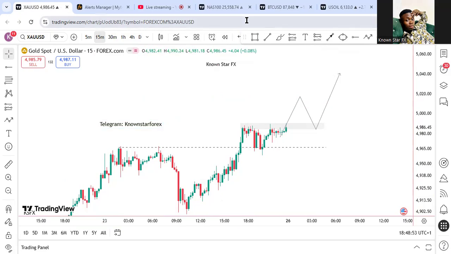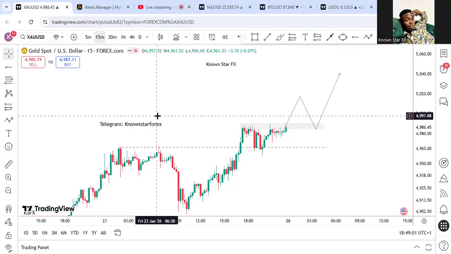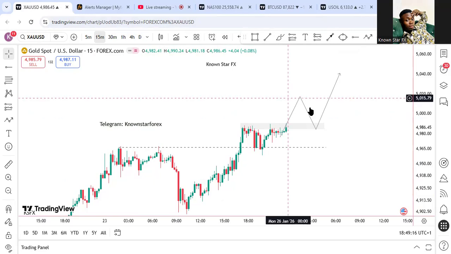We have news coming up on Monday, and on Tuesday as well, but all of those news are from 2 o'clock Nigerian time and above. So you can still trade the London session or New York session safely, but just have 2 o'clock at the back of your mind, because from that time you can expect any news.